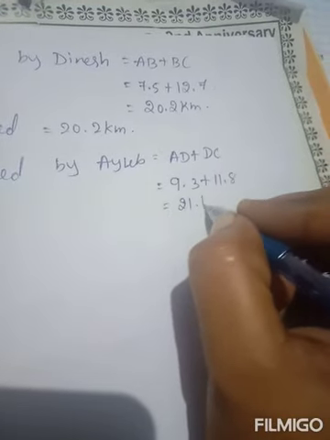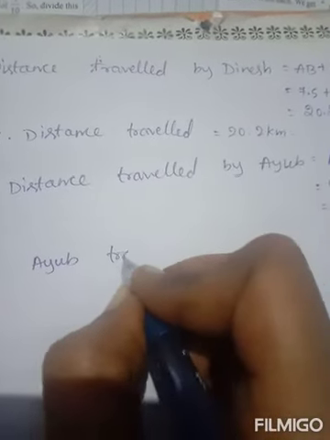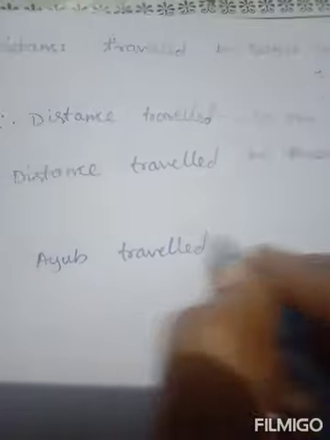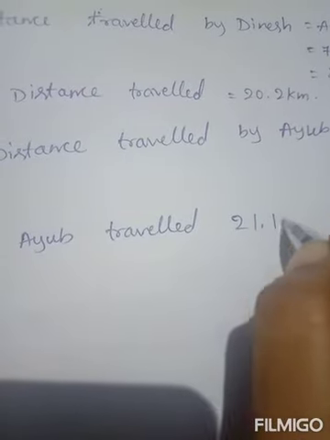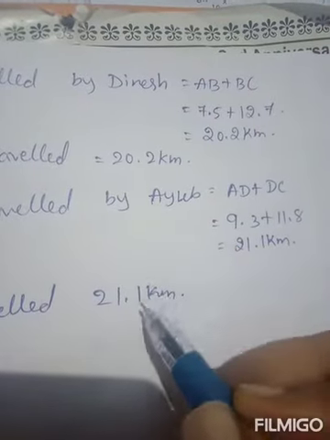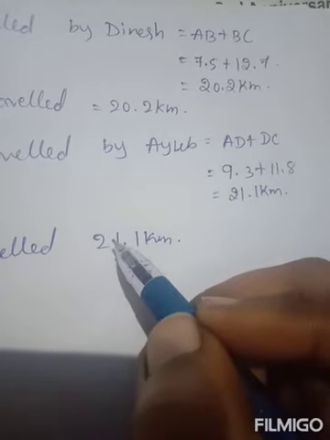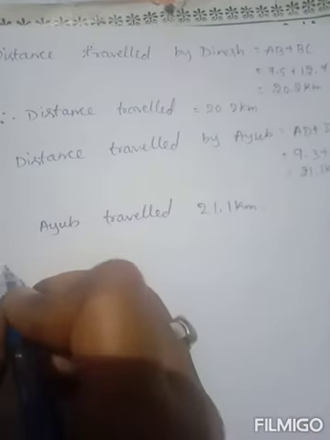If I add both these numbers, I am going to get 21.1 kilometer. Then Ayub traveled 21.1 kilometer. Then who traveled more? By seeing these two, you can conclude that Ayub traveled more. By how much? I don't know. First I have to subtract it.